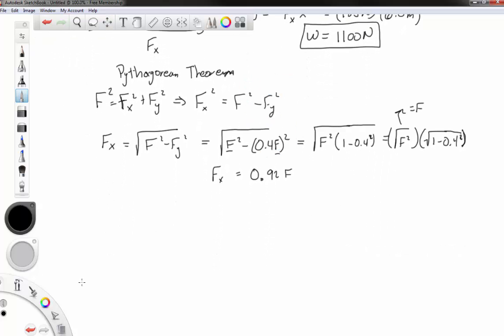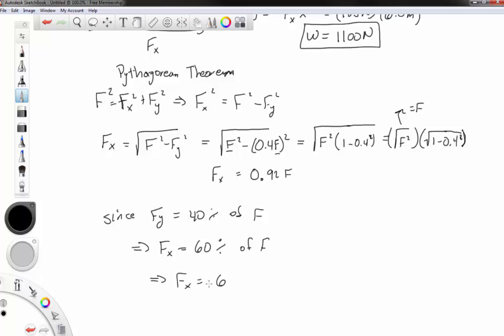Your textbook is saying, well, since Fy equals 40% of F, therefore Fx must be the other 60% of F. Therefore, Fx is 0.6 times 200 newtons, which if you put into your calculator gives you 120 newtons. Therefore, the work done is Fx times x, which is 720.